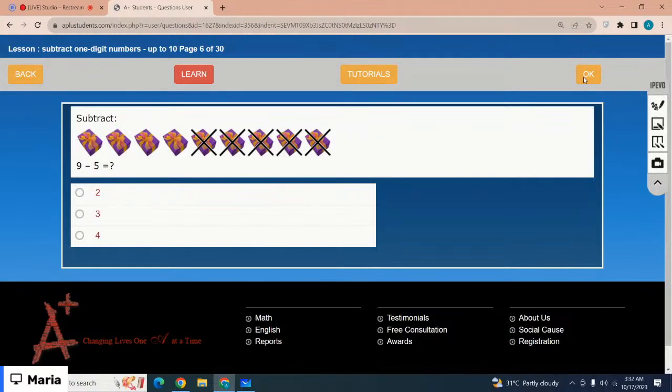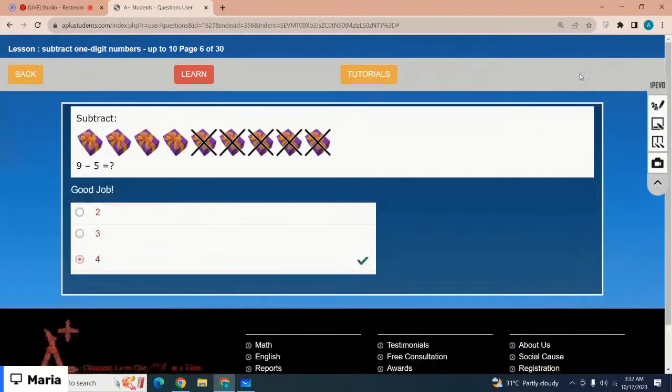You have to do 9 take away 5. So count the ones that are not crossed. So you're left with 4. Very good. The ones that are not crossed are 4. 9 take away 5 is 4.